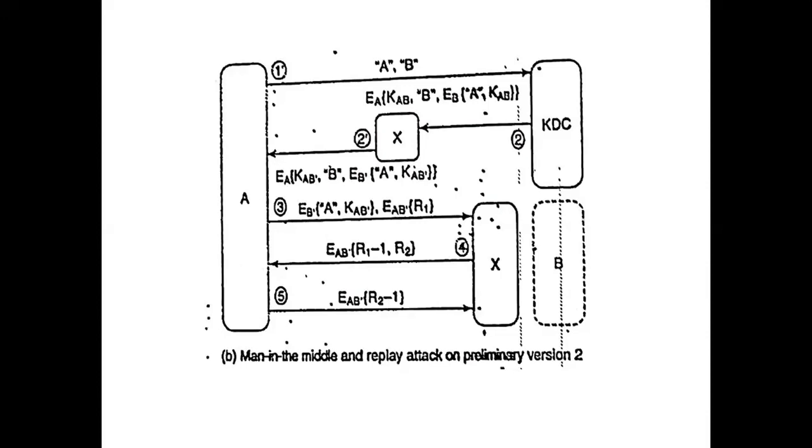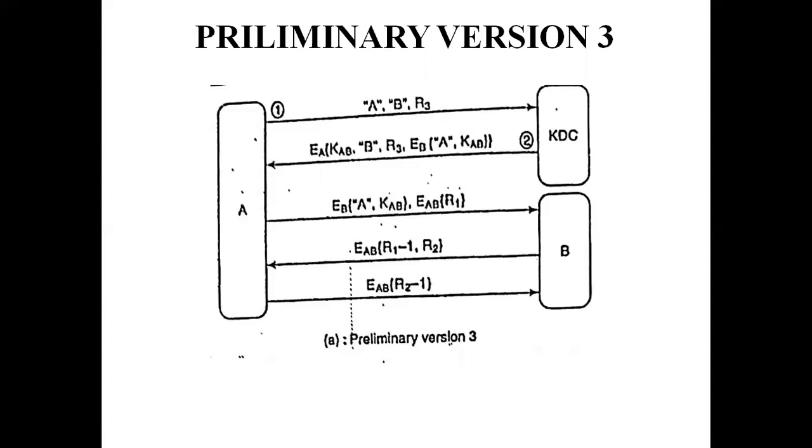These disadvantages are overcome in preliminary version 3. In preliminary version 3, we can fix the vulnerability in version 2 by ensuring the freshness of message 2. So we are going to check the freshness of this message.